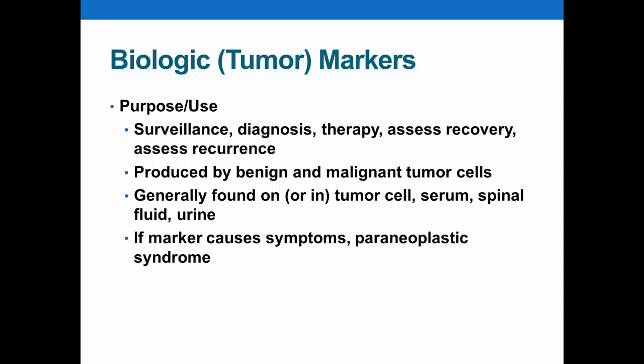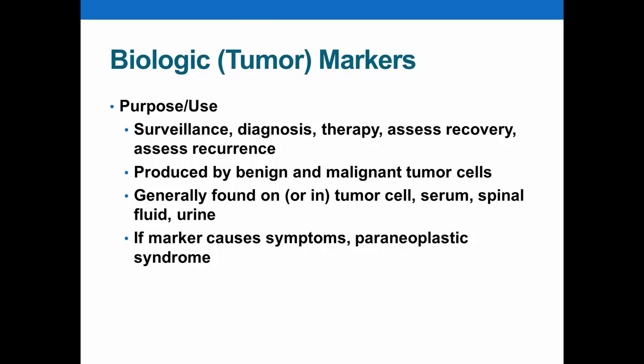So if you have a tumor marker that is found on or in the tumor cell, it could be a hormone, an enzyme, a gene, one of the antigens, or even an antibody. When we look at fluids, we're looking at fluids that could transport those cancer cells, such as the spinal fluid or the urine.